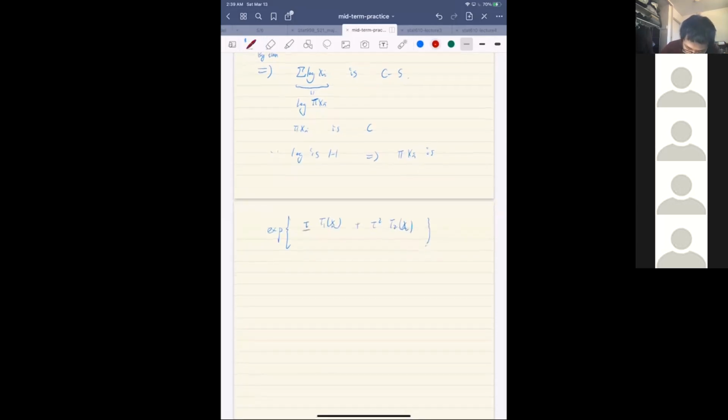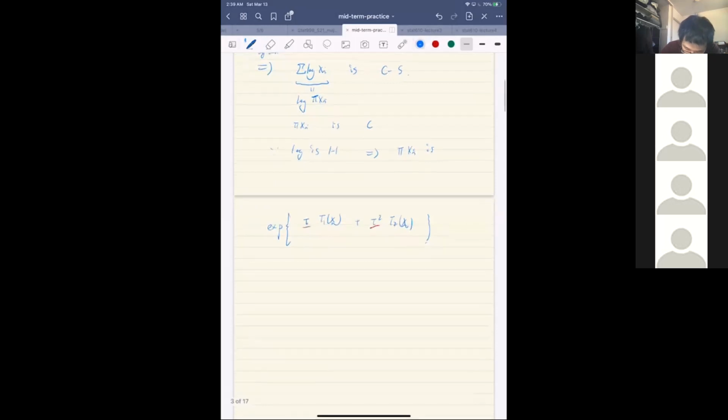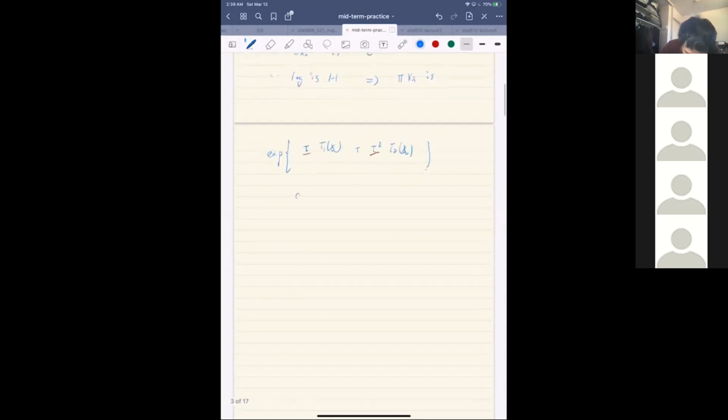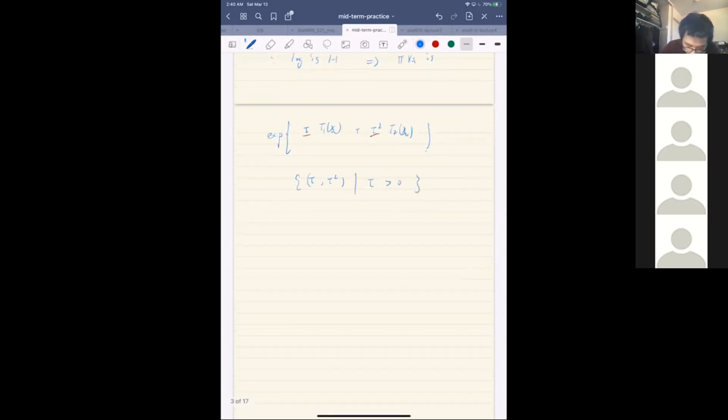Then the parameter space will be like this, tau squared, and tau greater than 0. So in this case, it's a curve on the two-dimensional space. So in that case, it's not full rank. It's not clear. Yeah. So I see. Yeah, thank you.